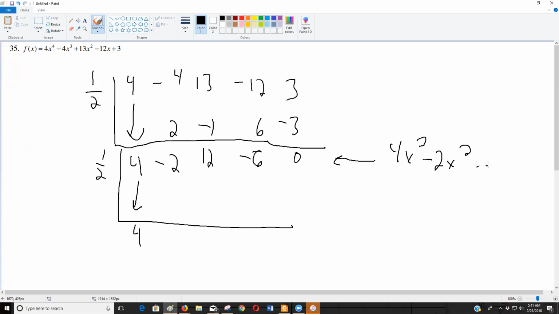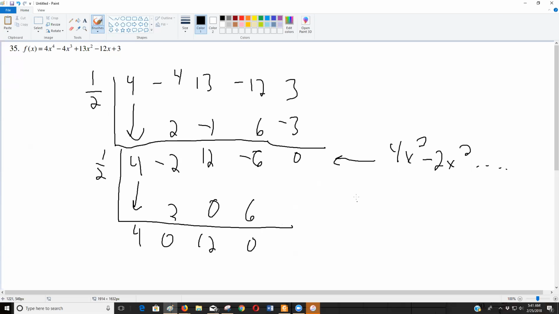I want this to be a quadratic, not a cubic, so I'm just going to keep going, dividing by the 2x plus 1 factor again. So 4 times 1/2 is 2. That gives me 0. 0 times anything is 0. That's going to give me 12. 12 times 1/2 is 6. I'm going to get 0. So there's my multiplicity 2.